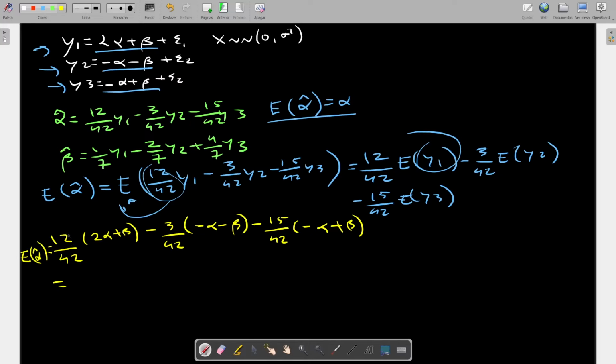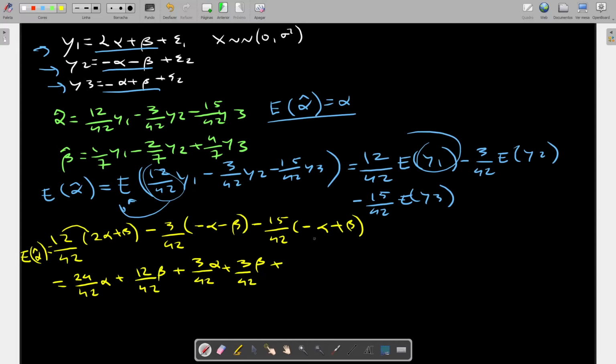So let's keep distributing these values. So 12 times 2 is 24 divided by 42 alpha plus 12 beta divided by 42. Minus with minus is plus, so plus 3 divided by 42 alpha plus 3 beta divided by 42.